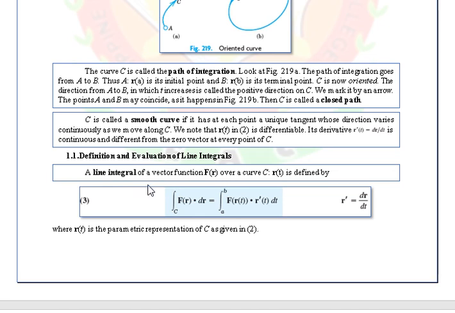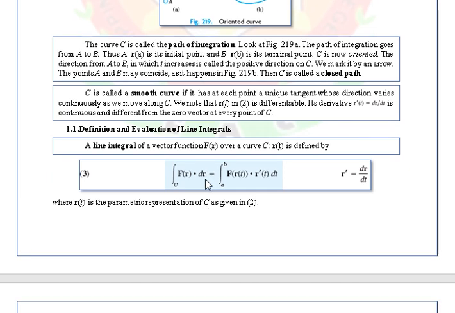A line integral of a vector function f of r over a curve C, where r of t is defined by this equation, is the closed integral of f of r dotted with the infinitesimal displacement dr along the path of curve C, equal to the integral of f of r of t dotted with r prime of t dt, integrated from A to B, where A to B defines the path C. Take note that r prime is equal to dr over dt, or the derivative of r with respect to time.